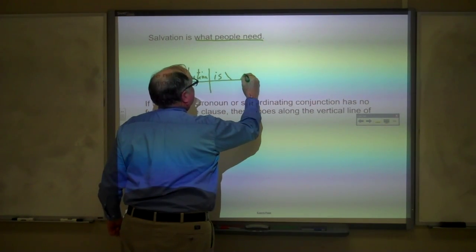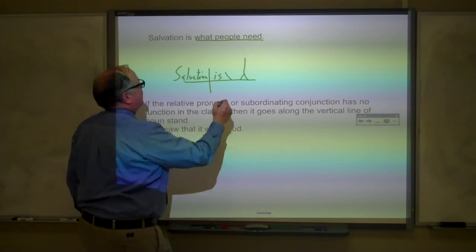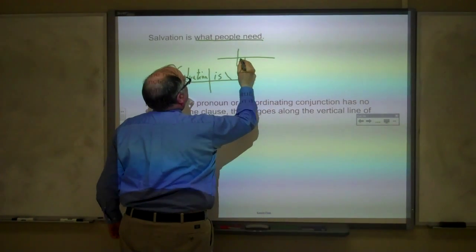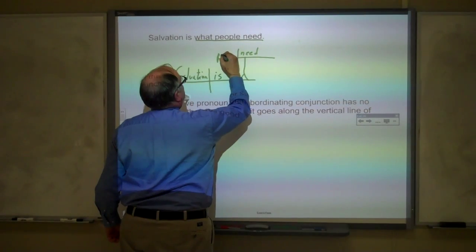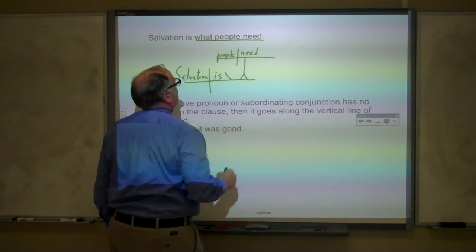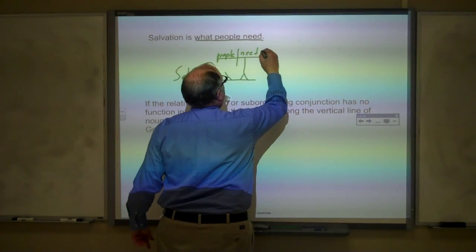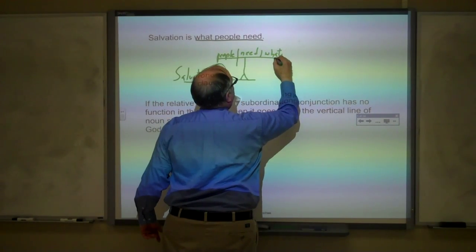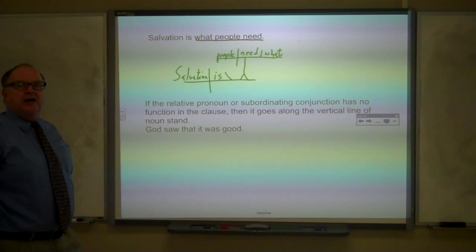And then, in that position, because it's a clause, we put the noun stand with the clause over it. Need is the verb, people is the subject, and what, in this case, is the direct object. It's the relative pronoun, but it's also the direct object, so we put it in the direct object position. Okay. There you go.